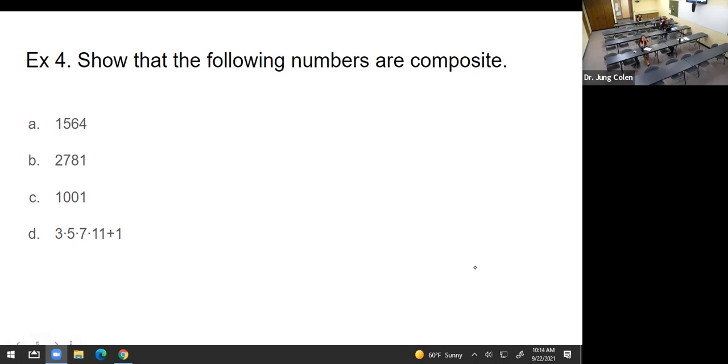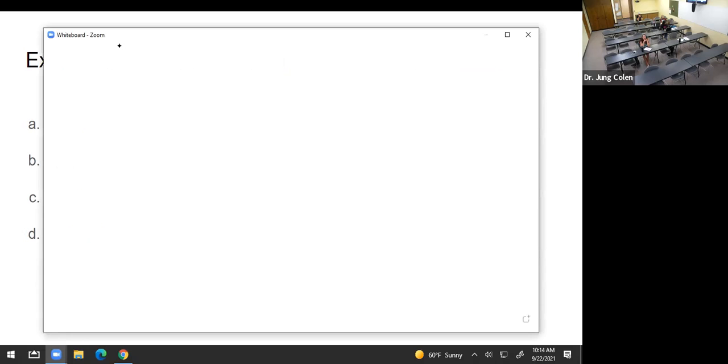We can think about, oh, there are 2 terms. So I have 3 times 5 times 7 times 11 as one term, and 1 is added to it. Think about what is a common factor between these 2. Only 1 is a common factor between this term and that term.